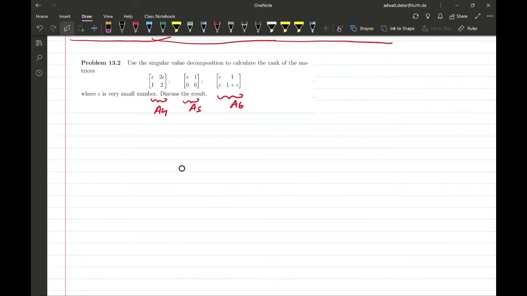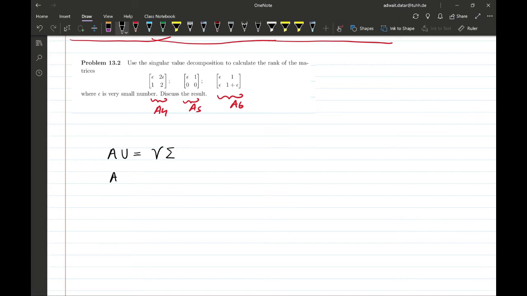So let's now have a look at A4, A5, A6, all of which are 2 by 2, so square matrices, and we want to see how the singular value decomposition tells us something about the rank of the matrix. Let's first recall that the singular value decomposition of A leads to A = U sigma V transpose, where U and V are orthogonal matrices and sigma is a diagonal matrix of the same size as A, so because A here is square, sigma is also 2 by 2.